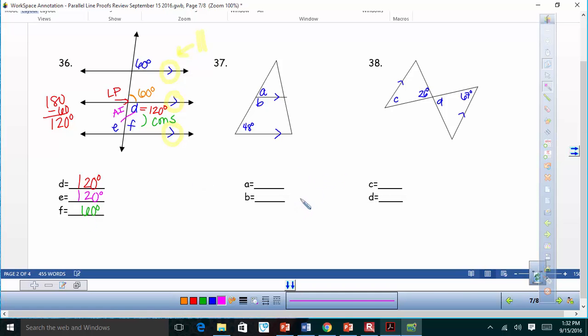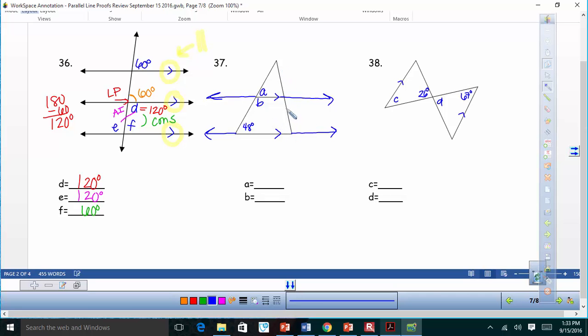Now, in 37, where are my parallel lines? Okay, they're the ones with the arrows. So what I'm going to do is I'm actually going to continue these out because I feel like it helps me see this problem a little better. Okay, and all of my angles, do I have any angles on this line right here?